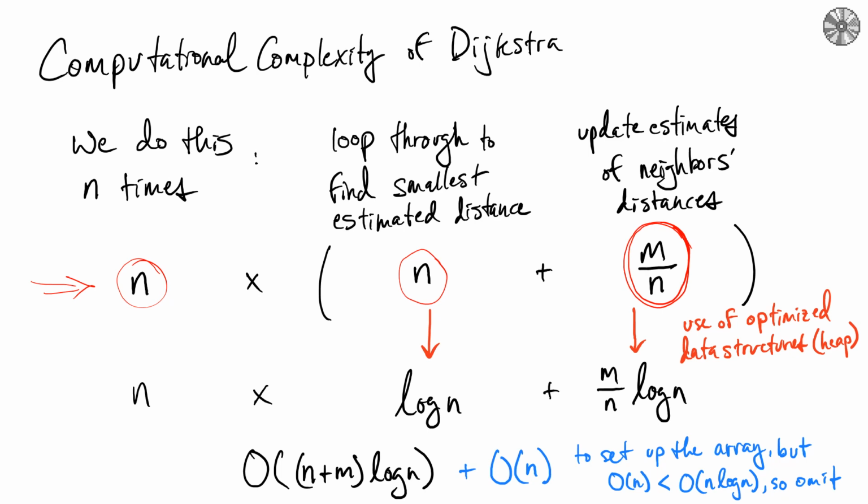If we know a little bit more about computer science data structures, in particular something called a heap, then that gives us a computational cost benefit of reducing n to log n, which is a little bit smaller. And so if you see the computational cost of Dijkstra reported, it's usually given in terms of n plus m log n, where n is the number of nodes and m is the number of edges.